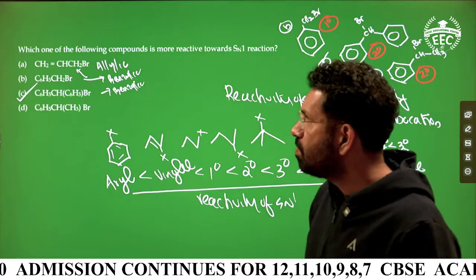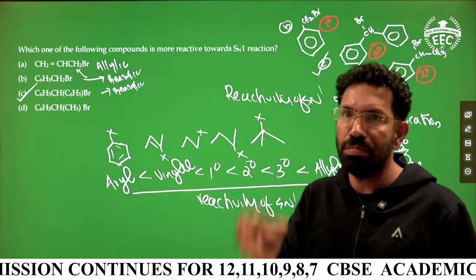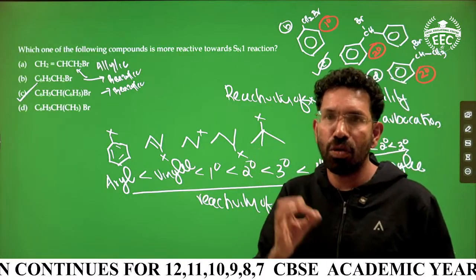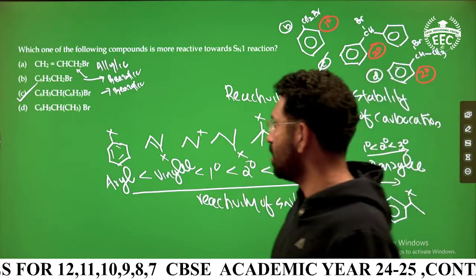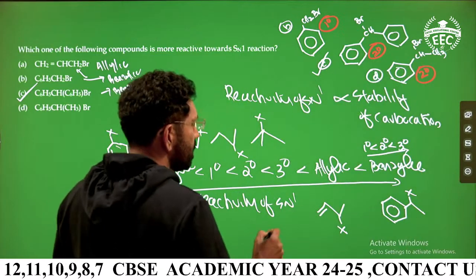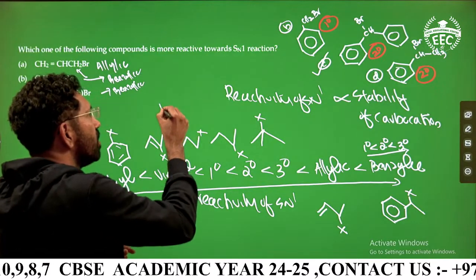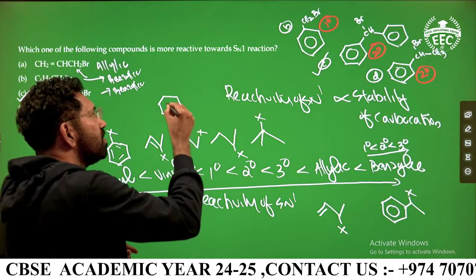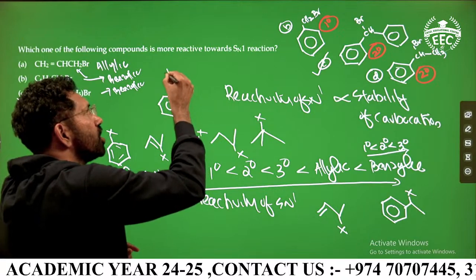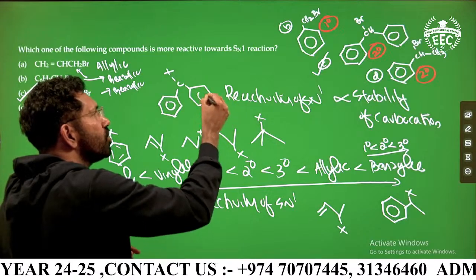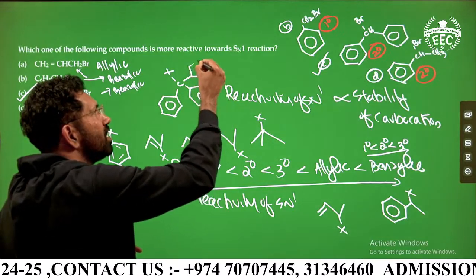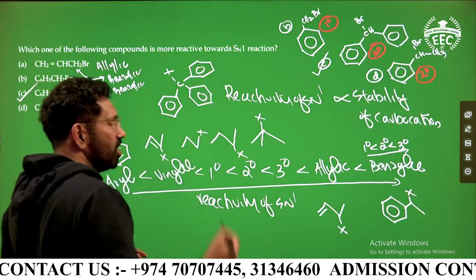Can you tell me which is the most reactive benzyl halide towards SN1? We can say there will be 3 benzene rings here. It will be a tertiary halide with 3 benzene rings.